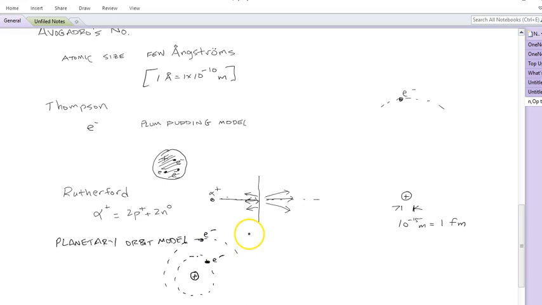So it's the planetary orbit model. That's the prevailing model after the famous Rutherford scattering experiments.